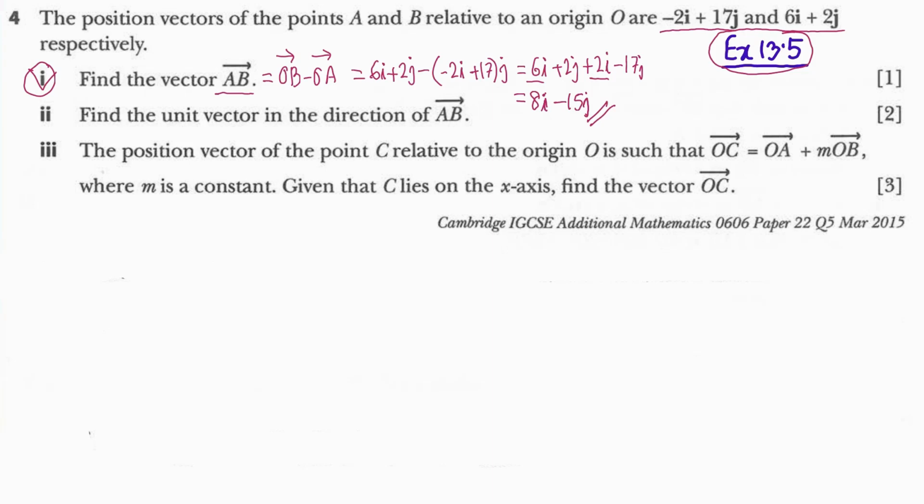The second question is: find the unit vector in the direction of AB. We can find the unit vector if we divide AB by its modulus. AB vector divided by modulus of AB vector is called the unit vector.